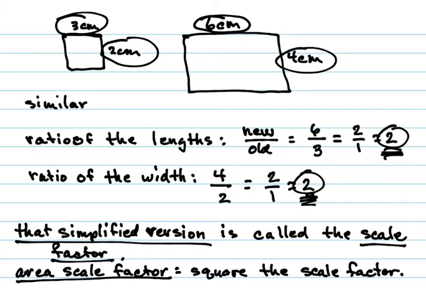Our second job is that we're going to be sometimes given similar shapes where we have unknown values. And to solve that, we're going to use what's called a proportion, which again is one of the most powerful tools in mathematics.